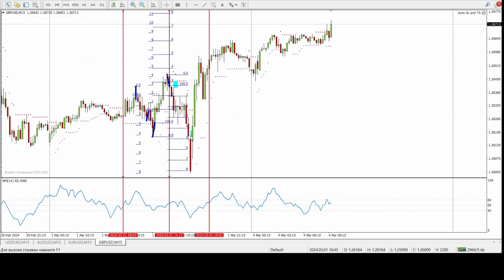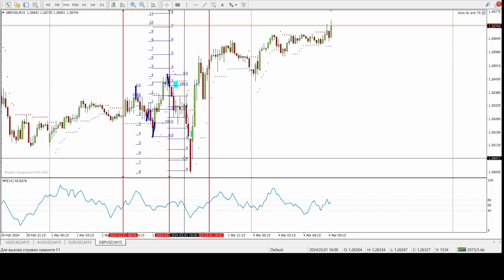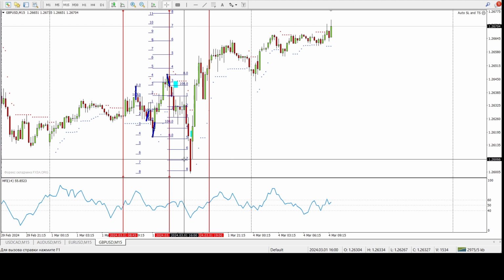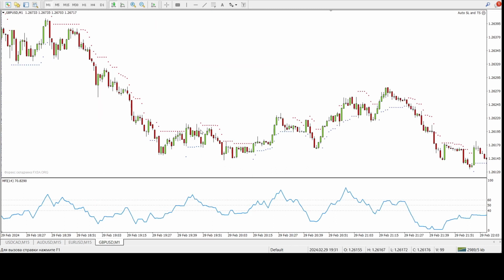Then we move to M15. We have a moment to purchase. This started from this moment. At 16:30 we move to M1.